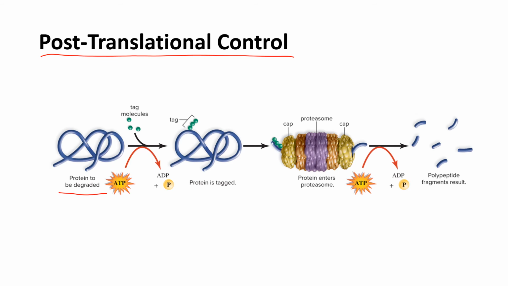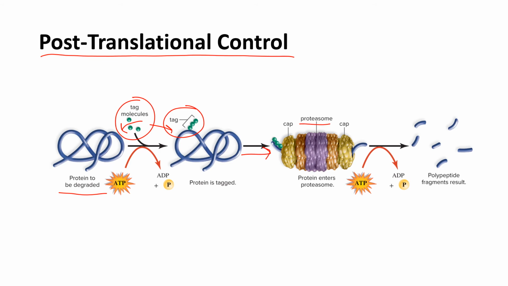And so there are certain molecules called proteases that break down proteins. So when a cell wants to get rid of a protein, it is going to tag that protein. So there are certain molecules that will bind to the protein and tag it. And once the protein is tagged, then that protein will enter a proteasome.